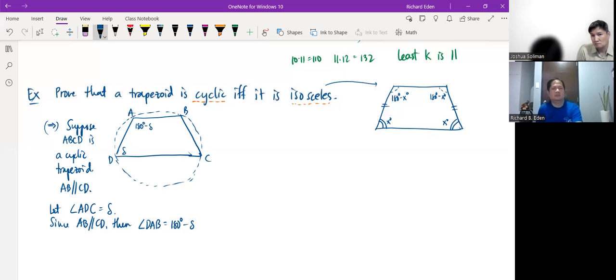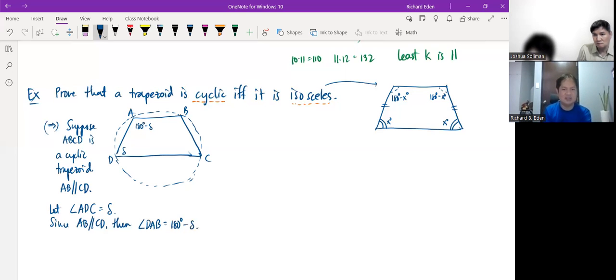Just follow through the definition. We have to use the fact that the quadrilateral is a trapezoid, so we use the parallelism, and then the fact that it's cyclic, keeping in mind that our conclusion should be about angle C.